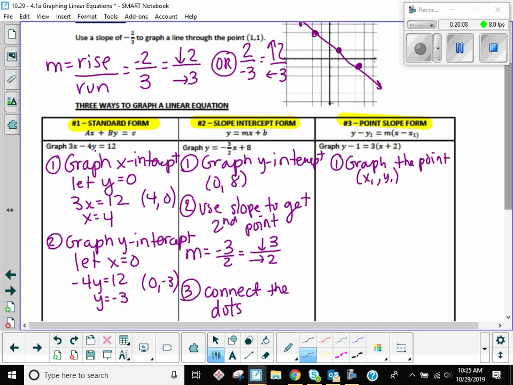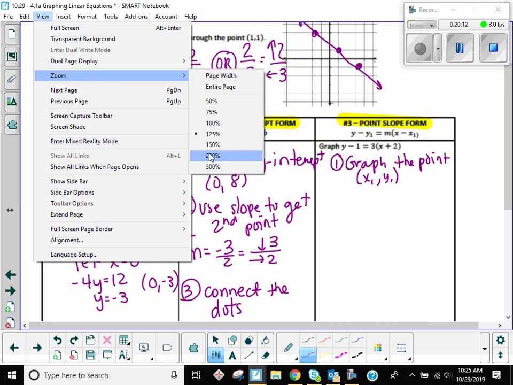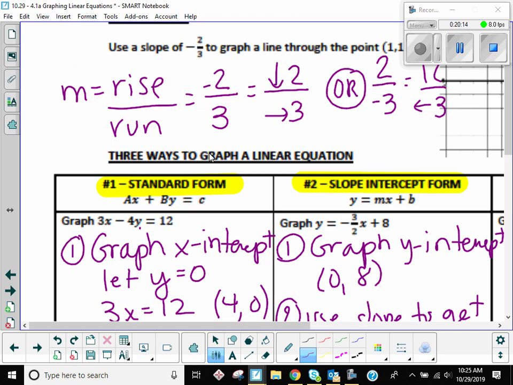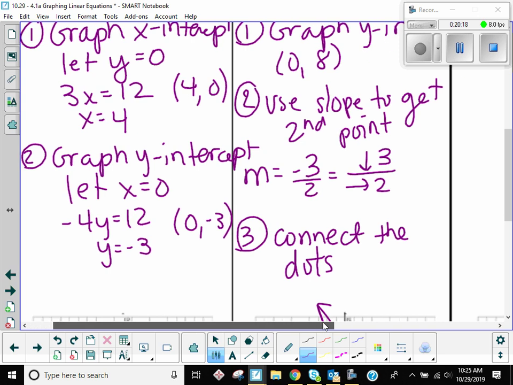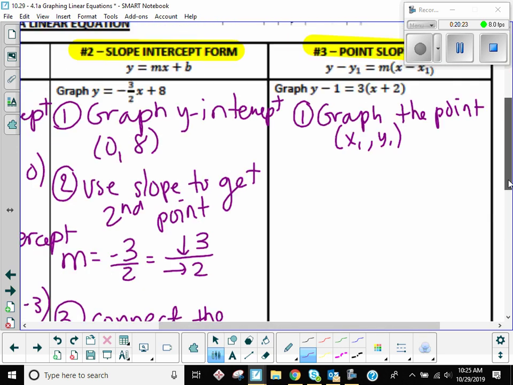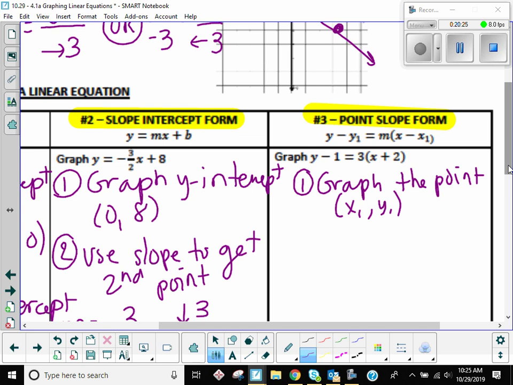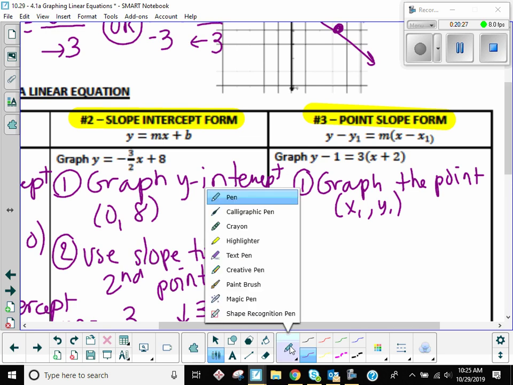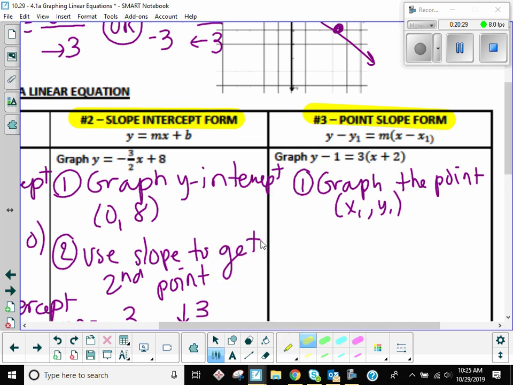I'm actually going to zoom in so you can see what I'm talking about. So right here, in this general form, here's your x1 and here's your y1, okay?